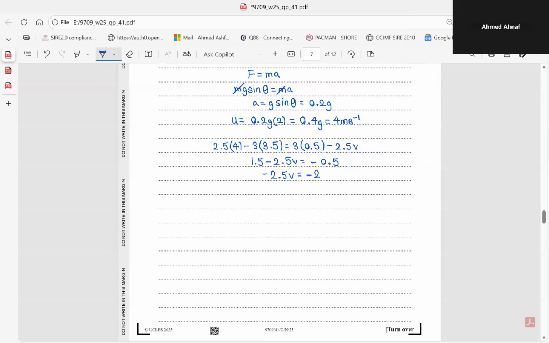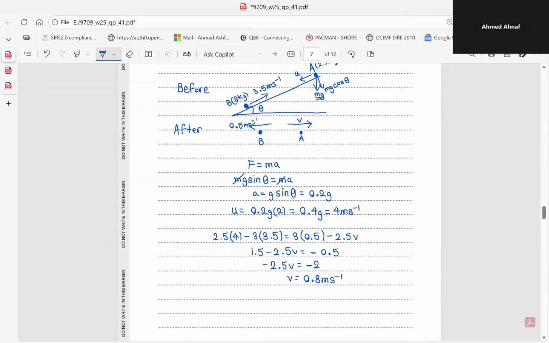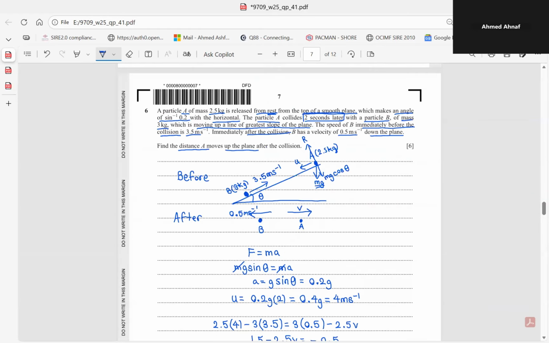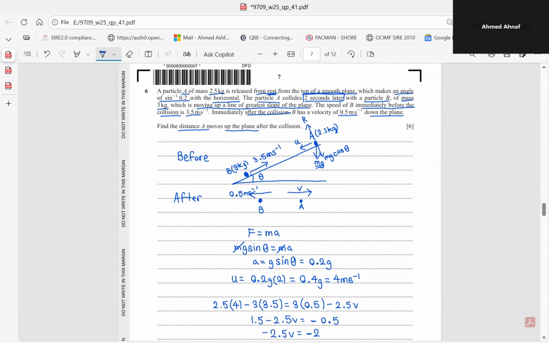Minus 2 and V is 2 divided by 2.5. You get V equals 0.8 meters per second. So we got our final value of A. And now using this, we can find the distance that A moves up the plane.